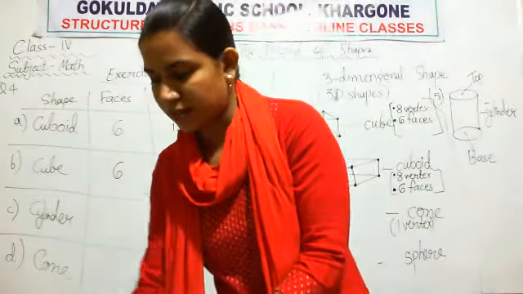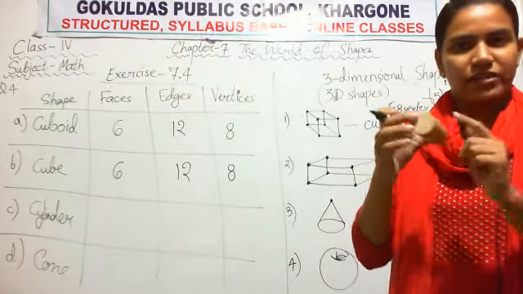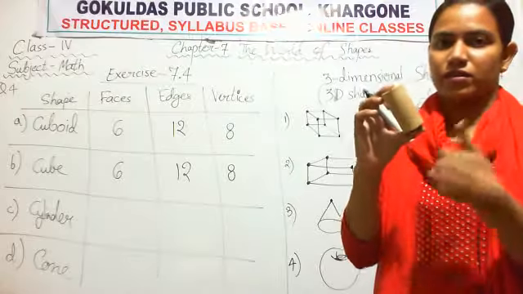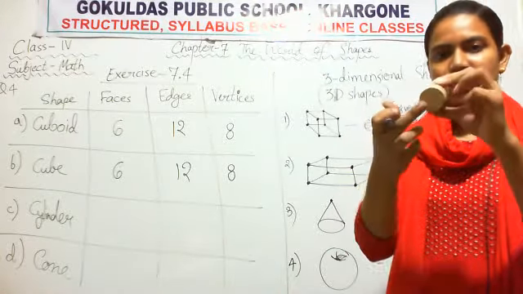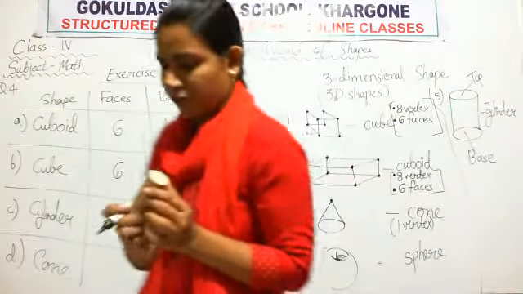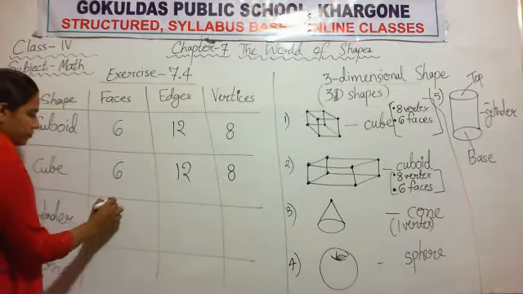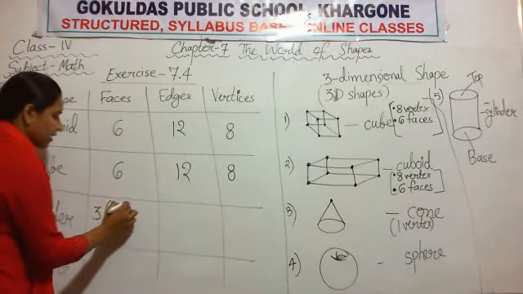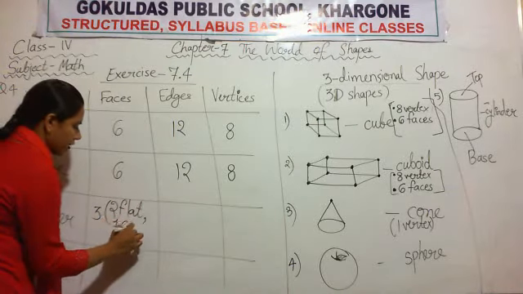Total 3 faces it has. 2 flat faces and 1 curved face. In bracket I am writing 2 flat faces and 1 curved face.